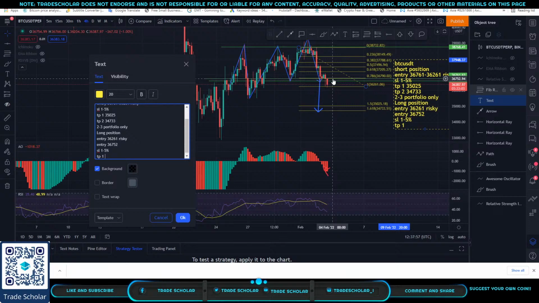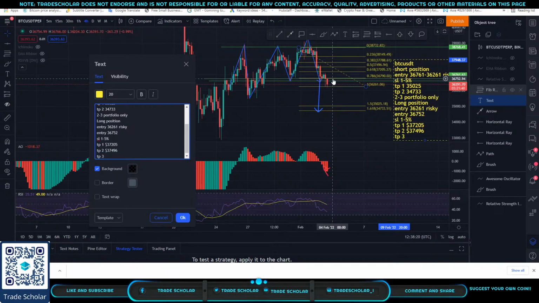TP1 will be up to 0.618. Let's try 0.618, 37,205. TP2 will be 37,496.